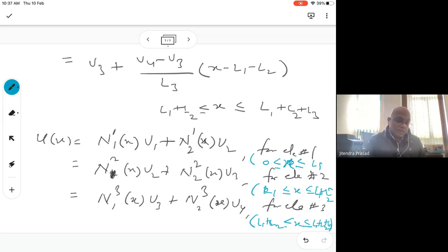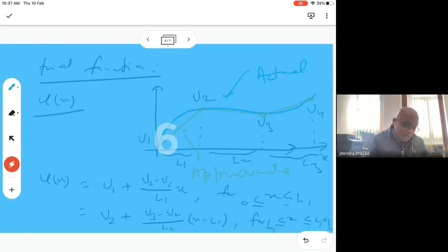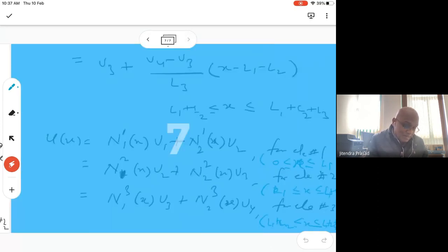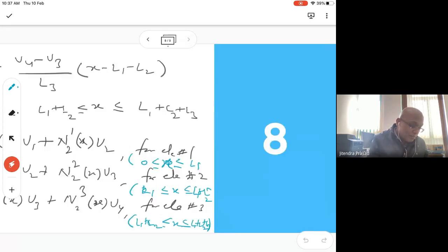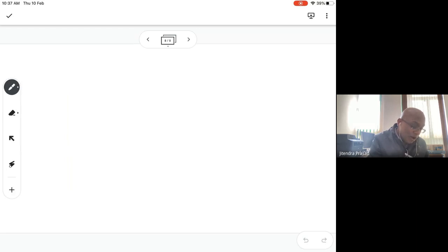So that really means if that is the case, whatever we wrote here is the same as this. When you have these linear functions, what you call the shape function, how will this look like? This will look like, if you plot the same x, you have x equal to 0.